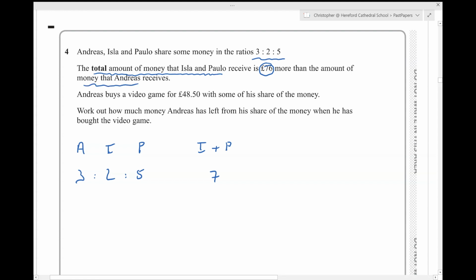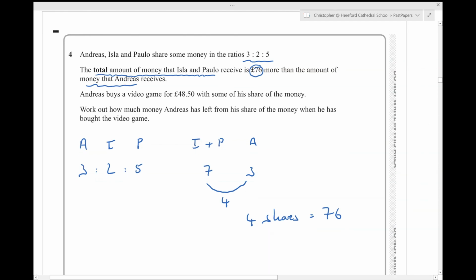Well, I and P, they get 7 shares between them, and Andreas gets 3. What we're saying then is that the amount that Isla and Paolo receive, the 7 shares, is 76 more than the 3 shares. They receive 4 more shares than Andreas, and so 4 shares must equal 76.